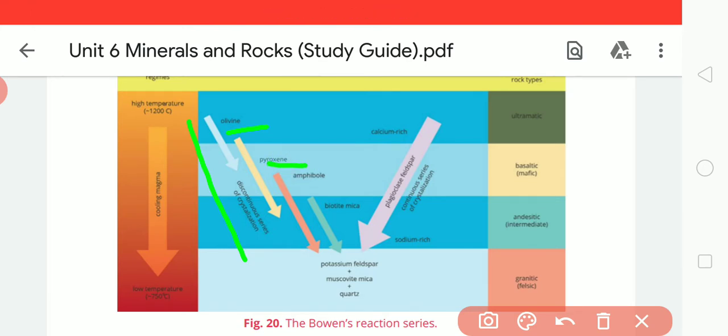And then once again, we lower the temperature, it becomes amphibole, followed by biotite mica. And then once it reaches the lowest temperature, which is 750 degrees Celsius, these minerals could form potassium feldspar, muscovite mica, and or quartz.